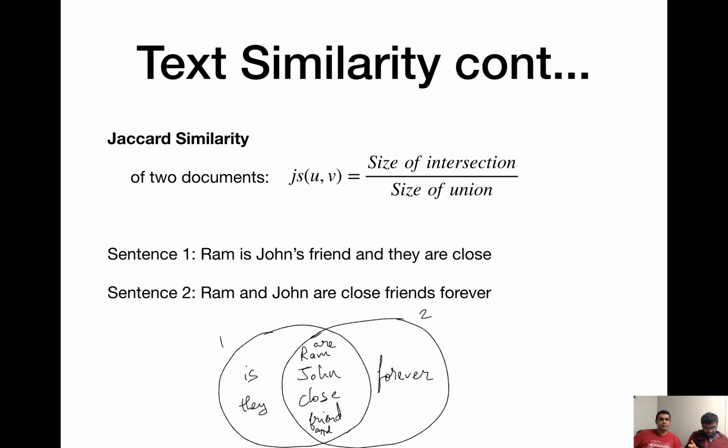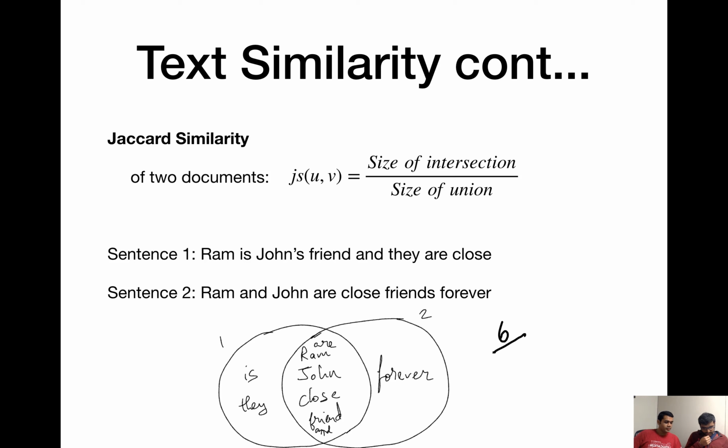If we draw a Venn diagram for this, the intersection is all the common words in these two sentences, and the rest are the uncommon words which are specific to each document. Based on the formula, the number of words in the intersection is 1, 2, 3, 4, 5, 6.